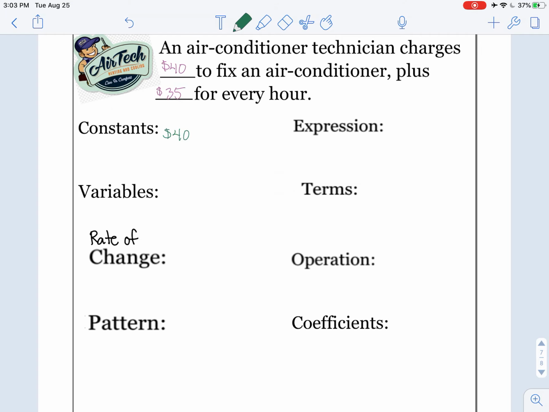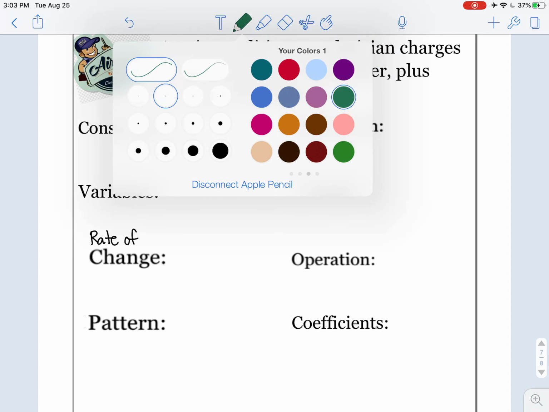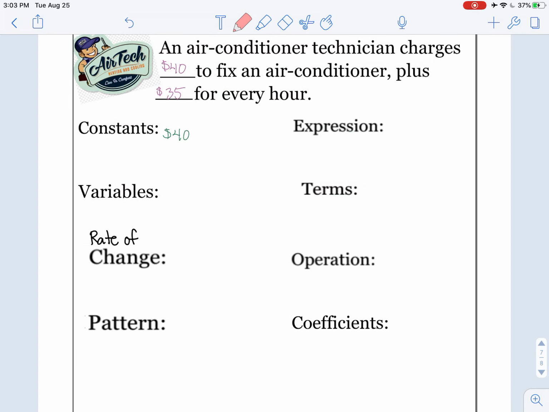Okay, our variables. Remember, the variable is what we do not know. What we do not know, and a value that we don't know that can constantly be changing. And what we can do is we can look at what two units do we have. We have number of dollars and we have number of hours. The best way to figure out what our variable is to look and ask ourselves the number of what?